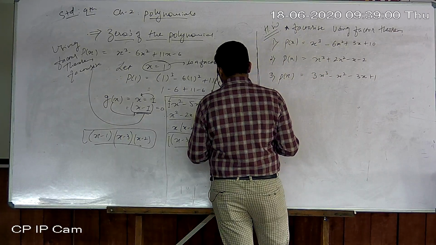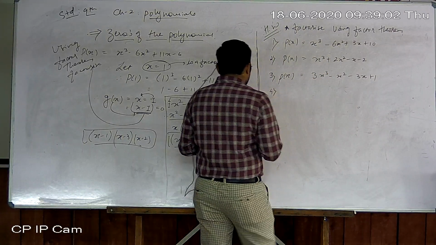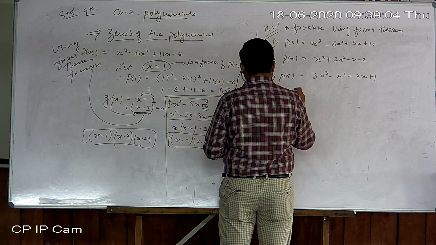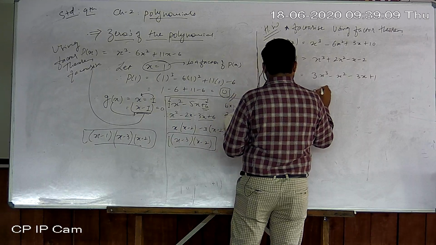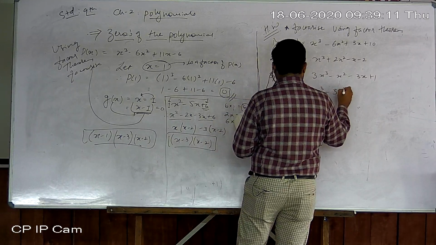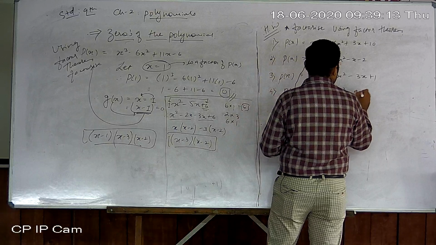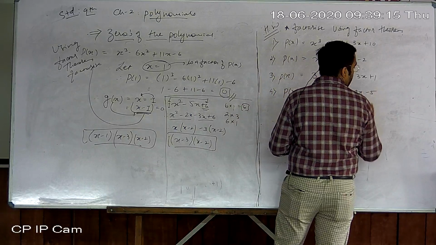Fourth one, p of x is equal to x cube minus 3x square minus 9x minus 5.